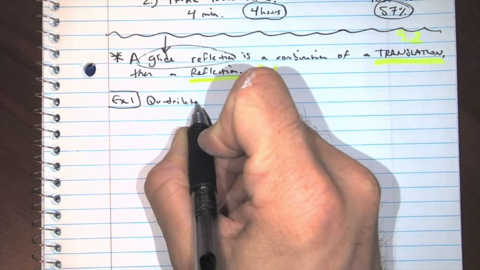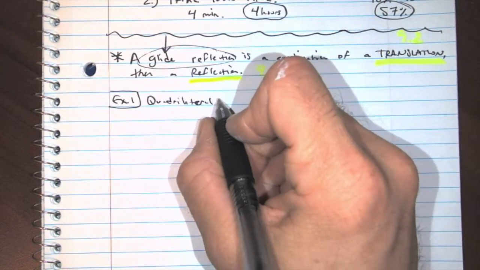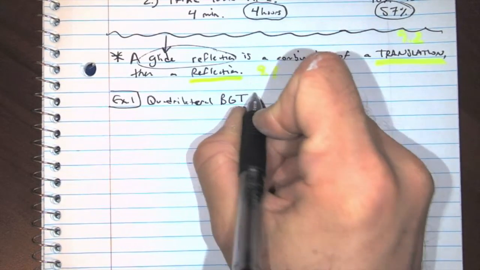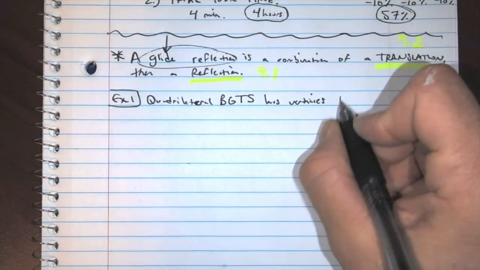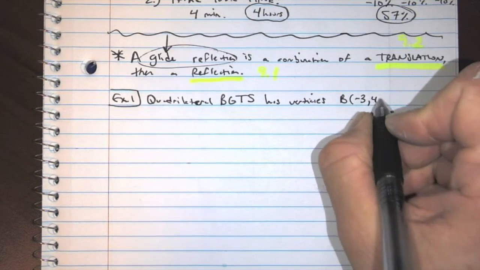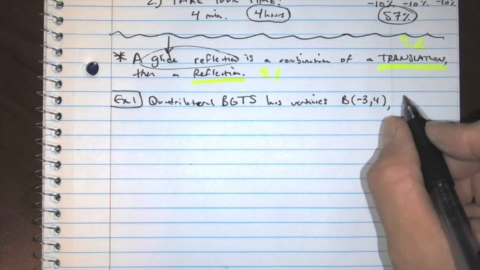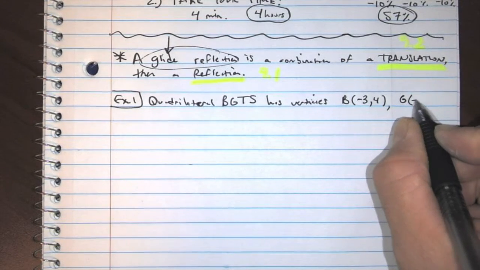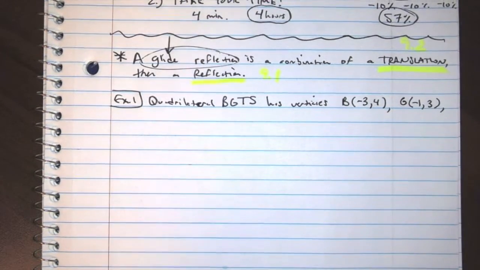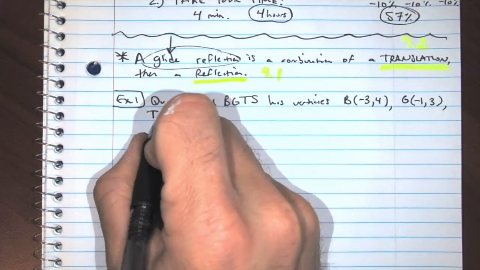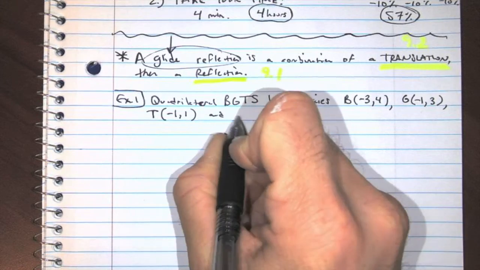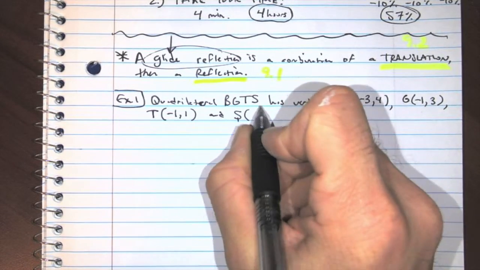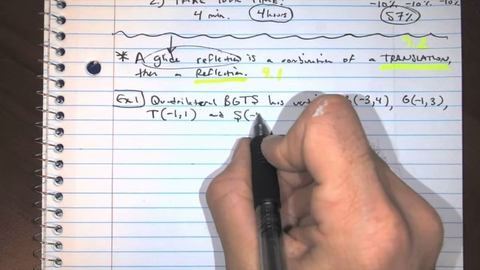Quadrilateral B, G, T, S has vertices of B (-3, 4), G (-1, 3), T (-1, 1), and S (-4, 2).